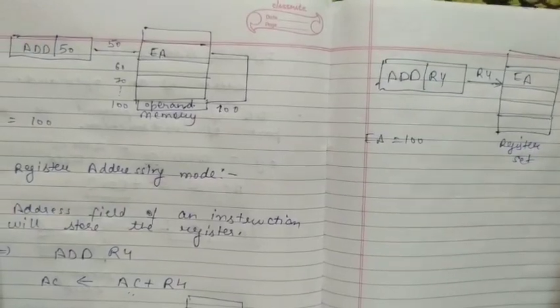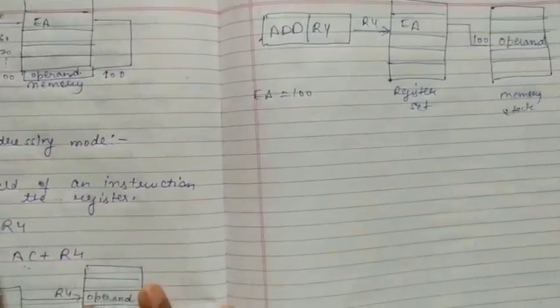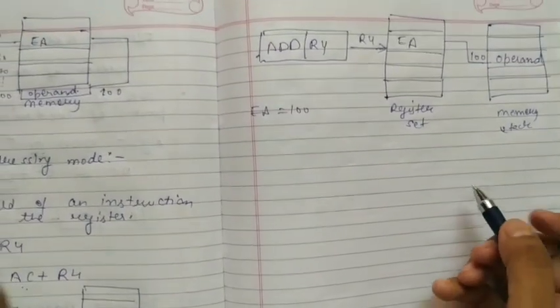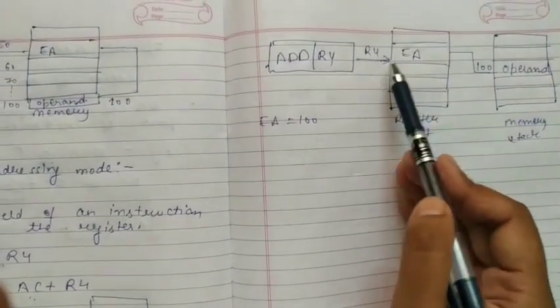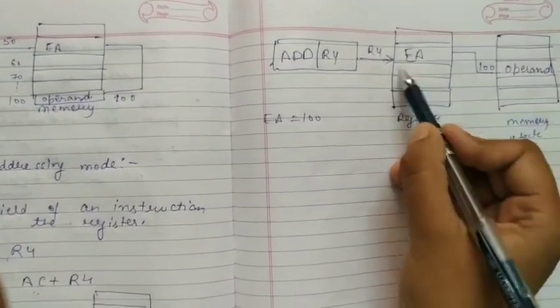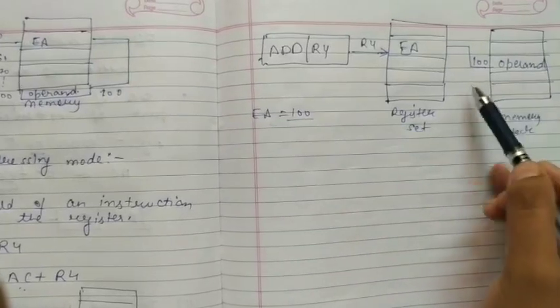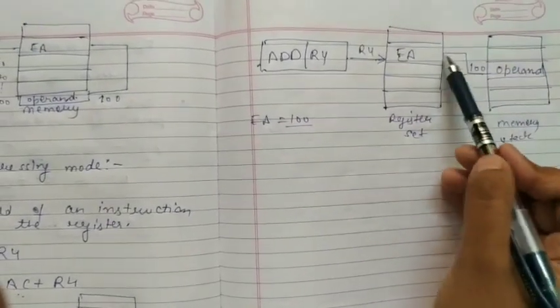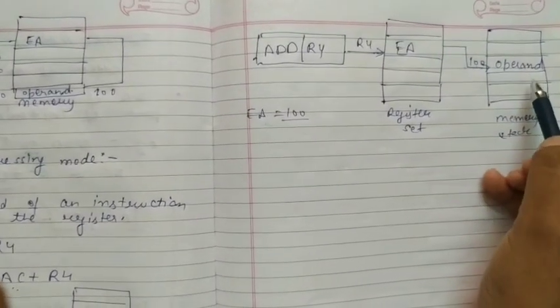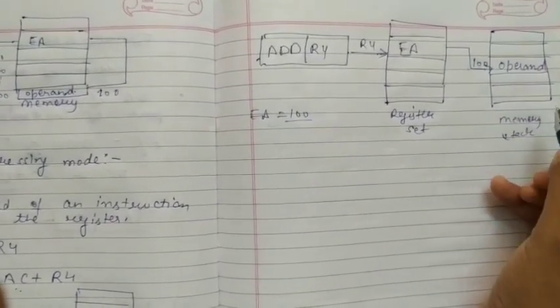Then at this location we will find our operand. So this is the working of the register indirect addressing mode. At R4 we are getting our effective address, suppose 100. Now it will point to the memory stack, and 100 will point to the memory where we can find our operand, which will be executed by the CPU.